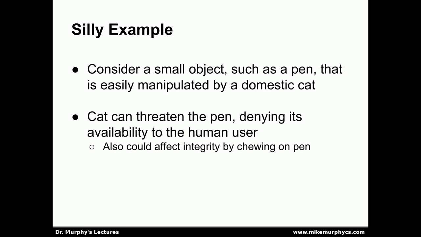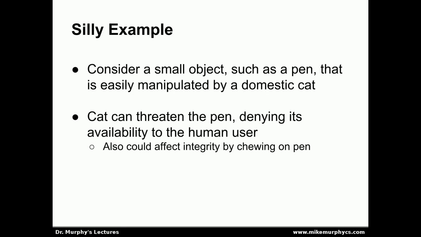In this silly example, I have a small object, specifically a pen, and my cat has this tendency of taking small objects like pens and kicking them off tables and turning them into toys, and sometimes kicking them under the refrigerator or under the stove. And when he does this, of course, with a small object, I have to go and find the object in order to restore its availability to me.